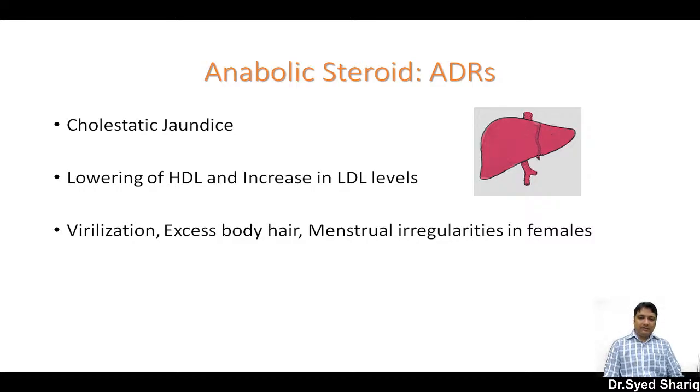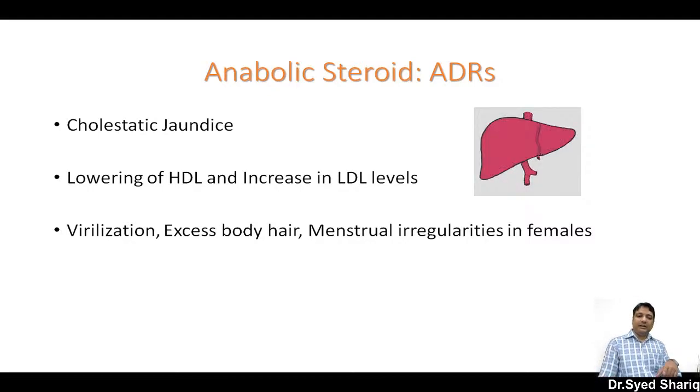Then in females there is a problem of virilization. That is, there can be excessive body hair and menstrual irregularities in females. It is not just because of the anabolic effect, but because of the androgenic effect of the anabolic steroids. Remember, I told you that they have more propensity for anabolic effect, but they still have their effect on the androgen receptors.